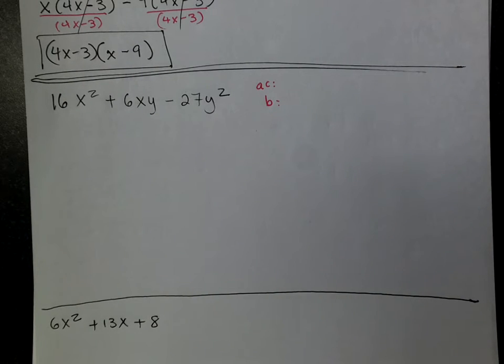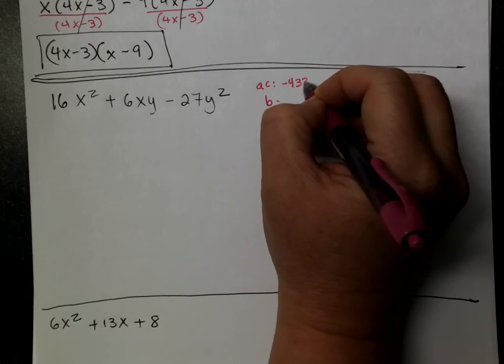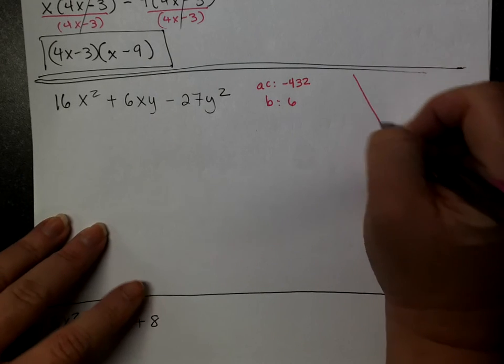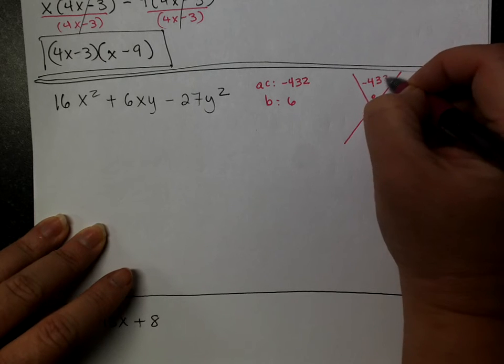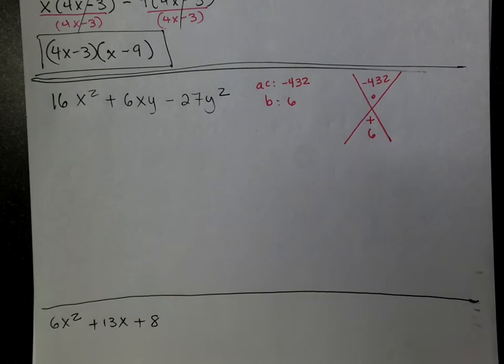There are some big, ugly numbers on that one. I think before you crunch those numbers, either mentally or in your calculator, what's your sign pattern?